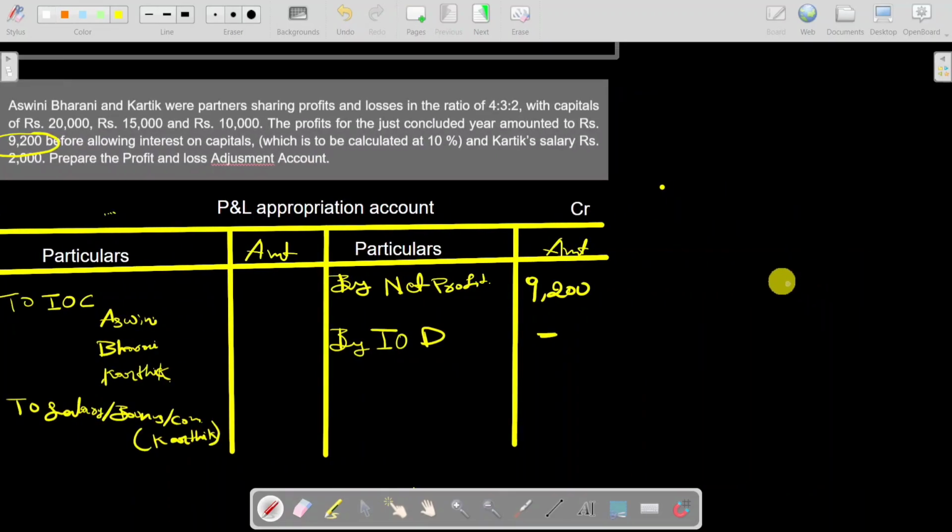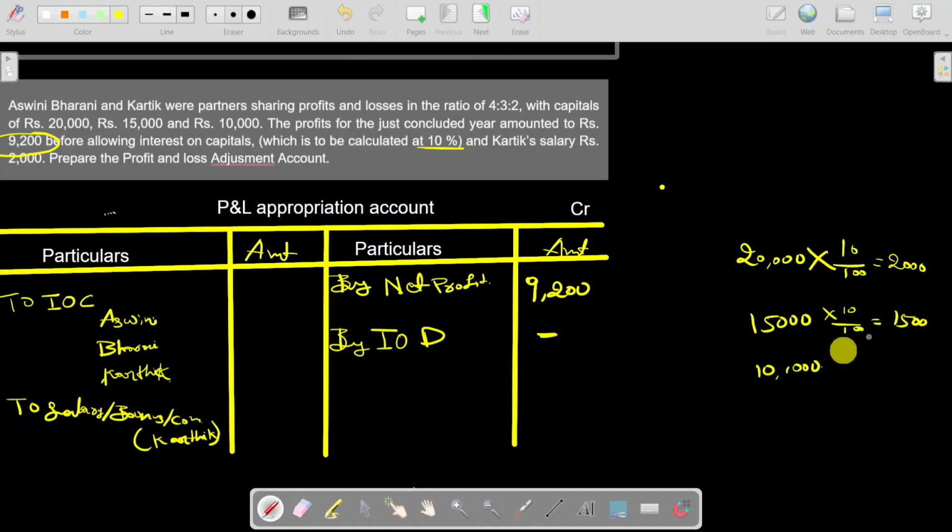We have 20,000, 15,000, and 10,000. And interest on capital is 10%. So 20,000 into 10 by 100 equals 2,000, 15,000 into 10% equals 1,500, and 10,000 into 10% equals 1,000.